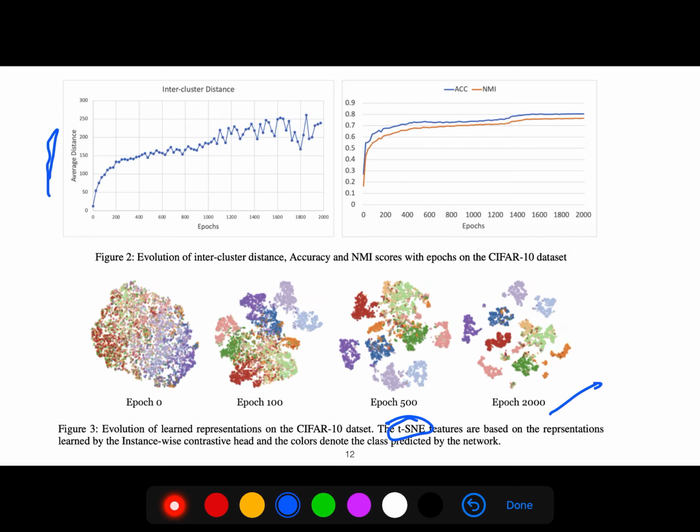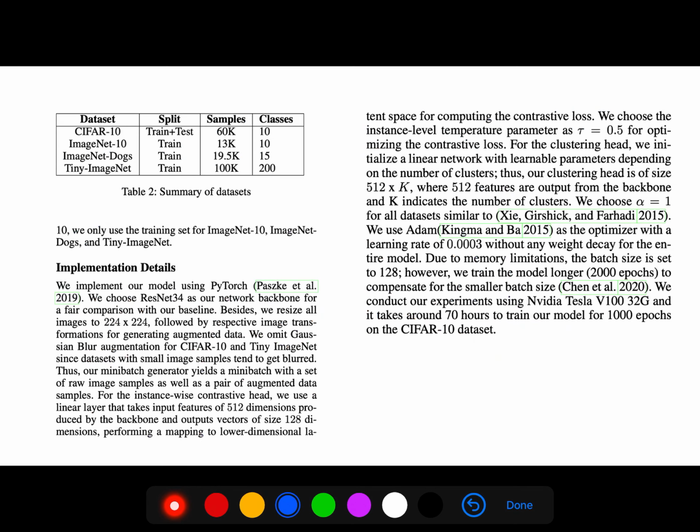The distance will be higher and higher, as you see. Then the accuracy and NMI measure are for the CIFAR-10 dataset that we always use. CIFAR-10, as you know, has 10 classes. This one is more challenging. It has 200 classes.